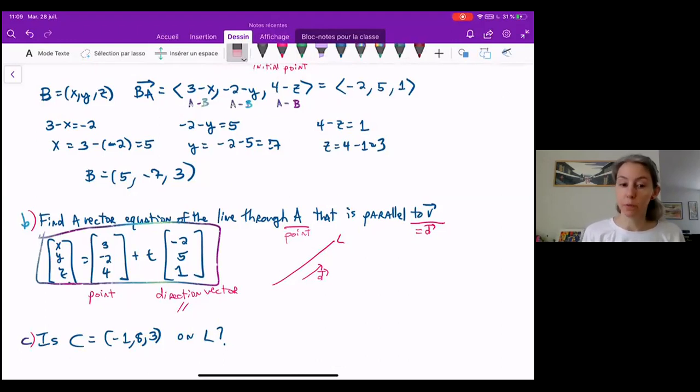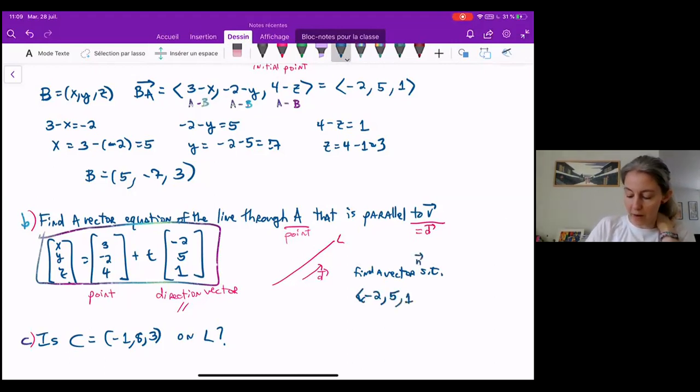How would you do B if it was perpendicular? Then you would need a vector that was perpendicular to (-2, 5, 1). So you would be looking for a vector, we'll call this vector n, such that (-2, 5, 1) dot n is equal to 0.